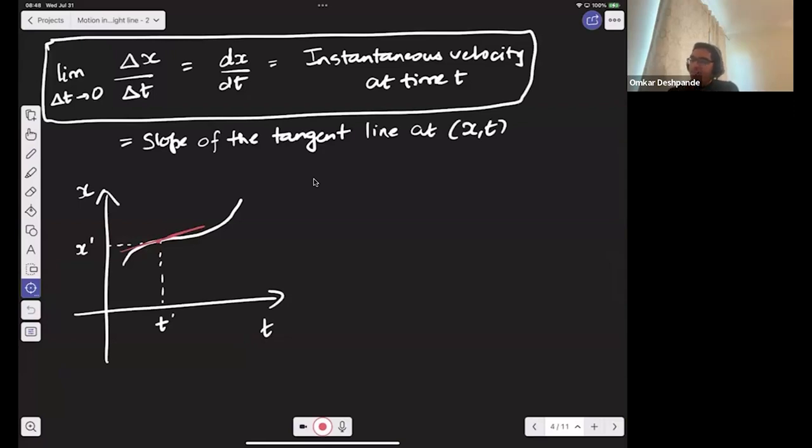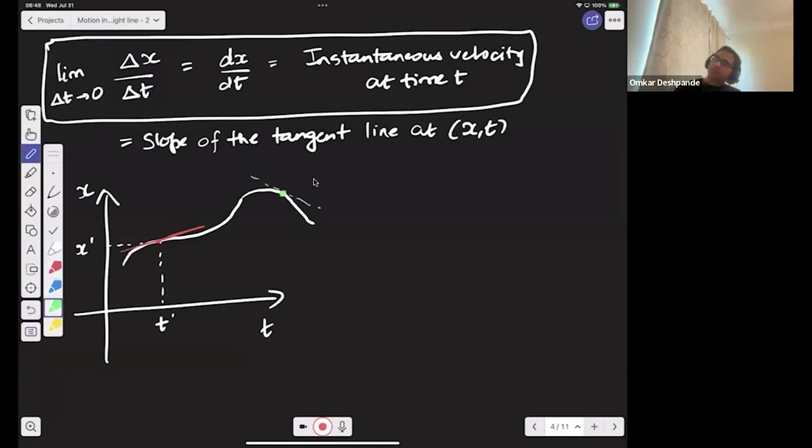Right? And again, the sign of the instantaneous velocity tells us whether the particle is moving towards the right, as in this case, or towards the left. So if it went like that, then at this point the particle is actually moving towards the left because you can see the slope is negative.